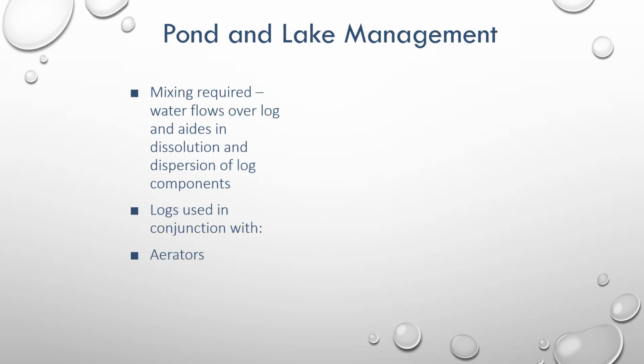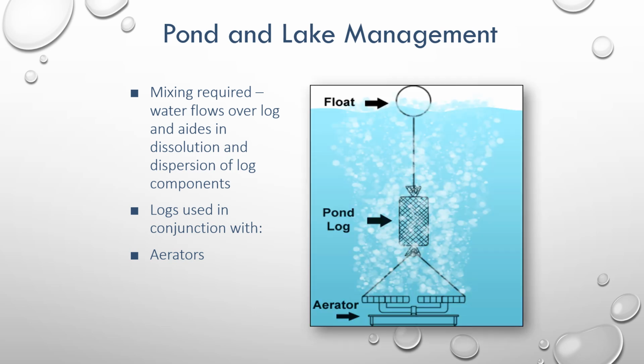Just like with turbidity and metals, we use the flock logs or the pond logs. We need mixing and reaction. The polymer has to dissolve, disperse through the water column, bind with the material in the water, form those flocks, and then settle to the bottom of the pond.